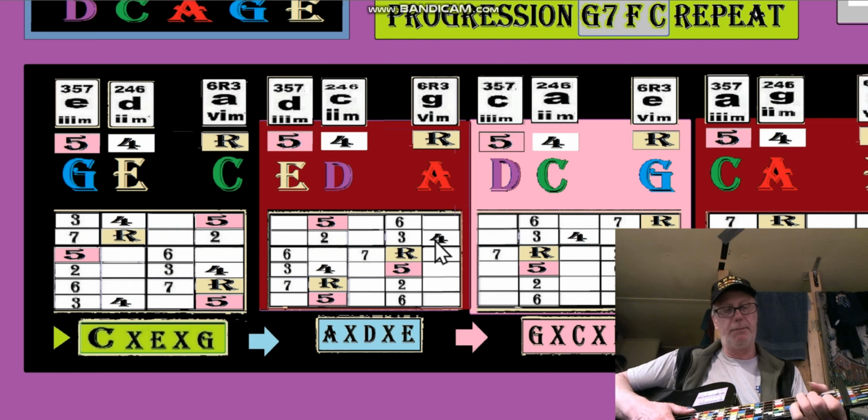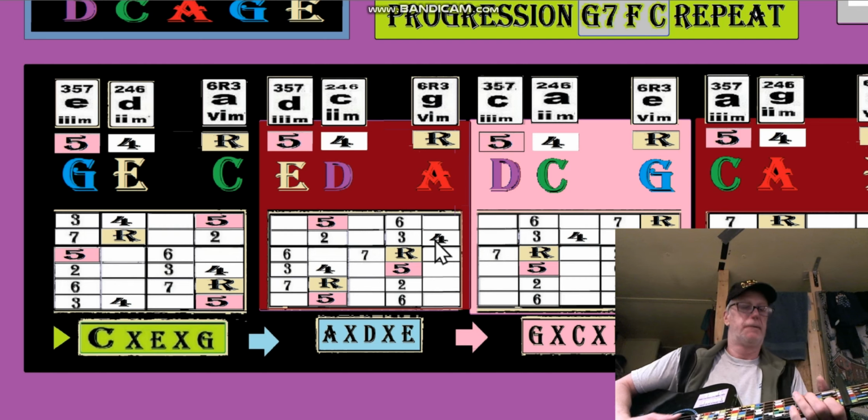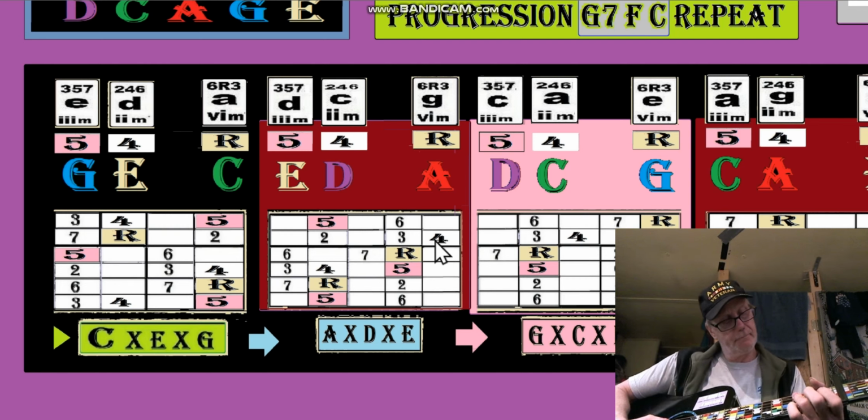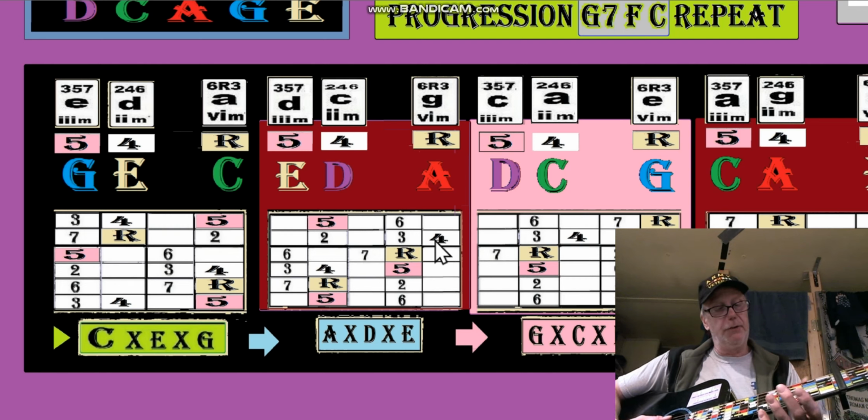And then one at a time you go to the C shape. See how I got to the C there? Not really. So you can do the pentatonics on it.